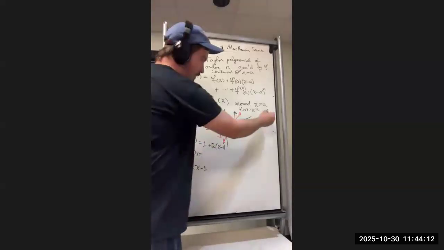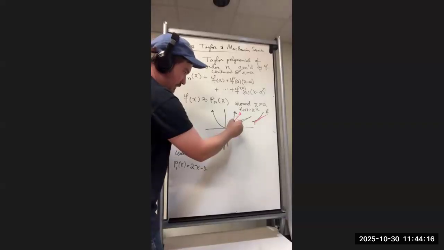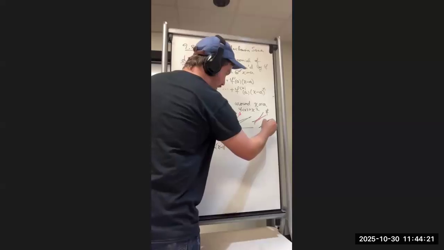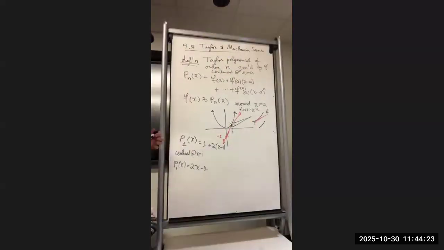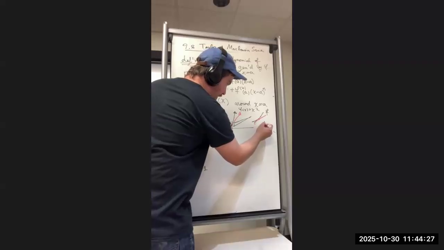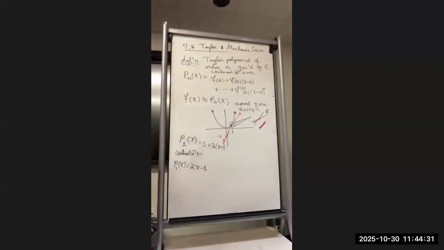So there's some error in the approximation, but it looks pretty good. And if I zoomed in even closer, then I would see a flatter piece of the function, and that line would be really close to it. And if I zoom in infinitely close, then they'll be identical.